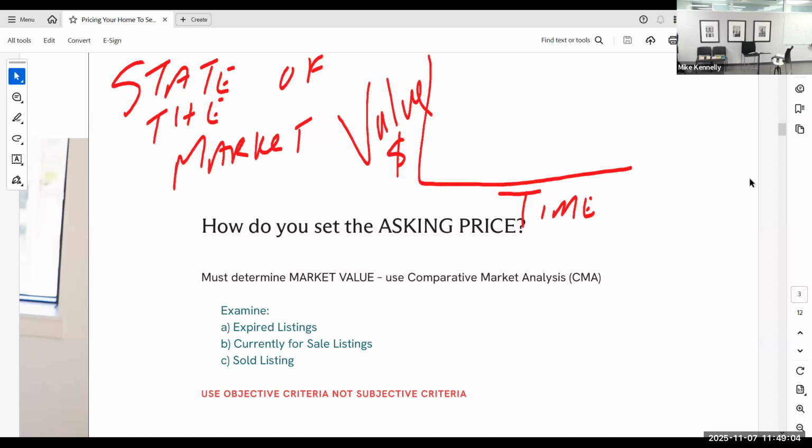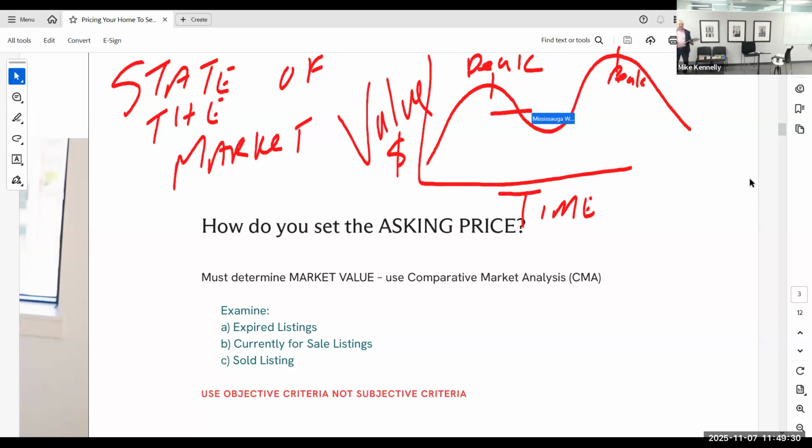This is like January, goes up like this, like this, like that, okay? So what we call this, Mr. and Mrs. Seller, you know what we call that in a market? A peak. It's called a market peak. What do we call the middle part there?